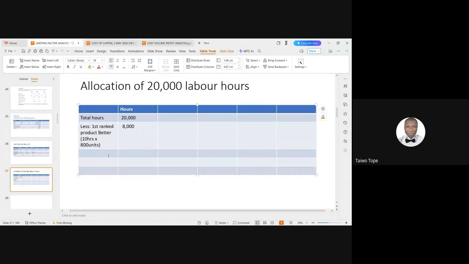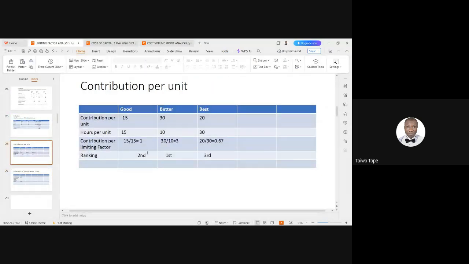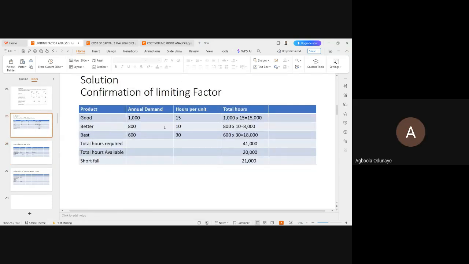So the balance will now be what? What do you have left? 12,000 hours. The next rank product is Good. How many hours do we need to produce Good? 15,000 hours.